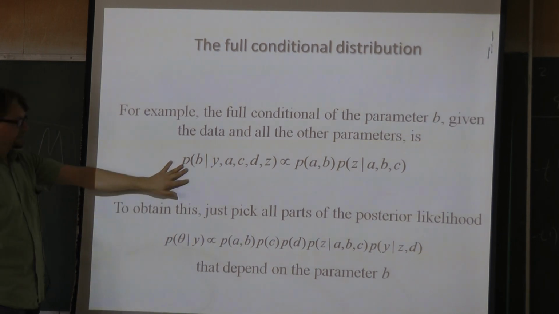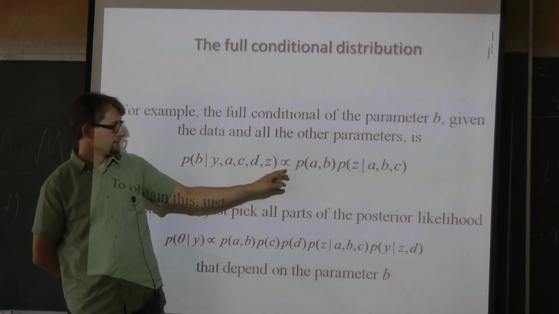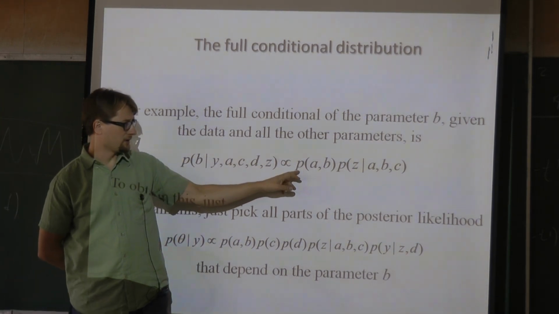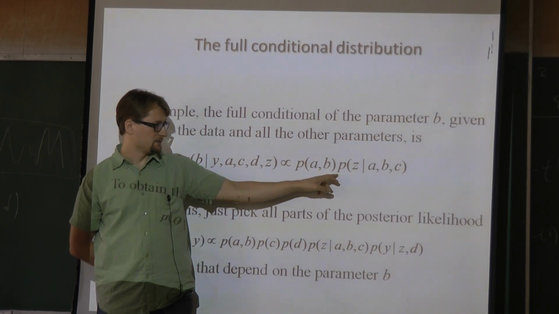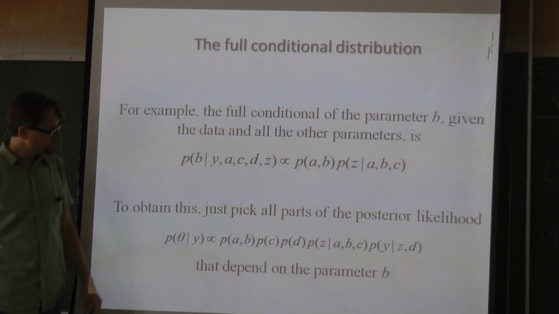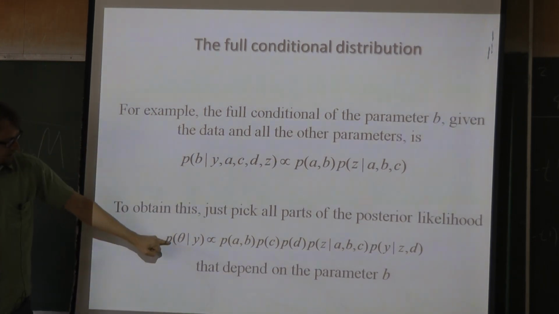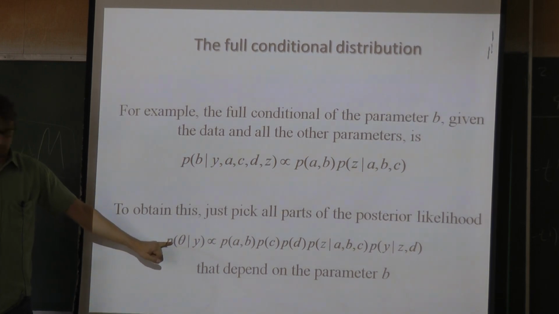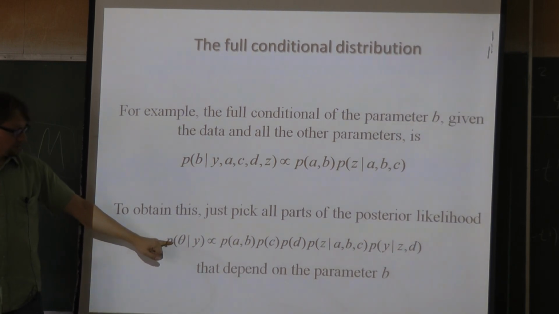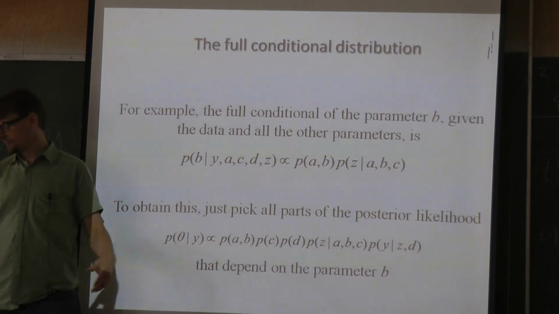And in this case, we can write down that this full conditional is proportional to the probability of this prior AB times the probability of Z given ABC. To get this expression, you just look at the full posterior distribution, or the density of that, which I wrote down in the previous slide.